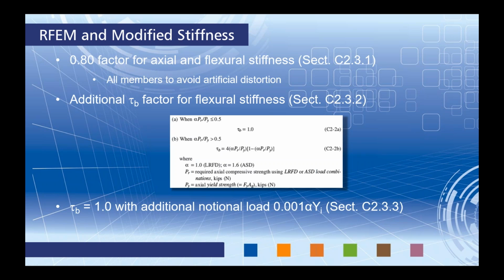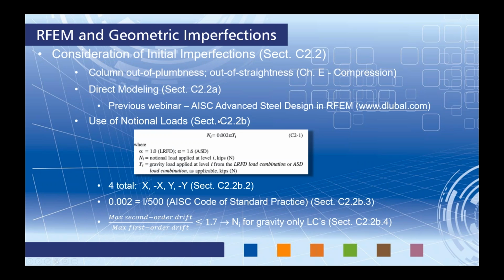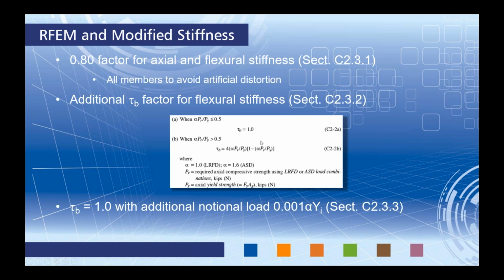And what we also can do, the code tells us, is that with a tau sub b equal to 1.0 for all of our flexural stiffnesses, well, then we can completely forego this second equation here and apply an additional notional load of 0.001 alpha Yi. This is exactly like the notional loads that we saw in the slide before with our imperfections.